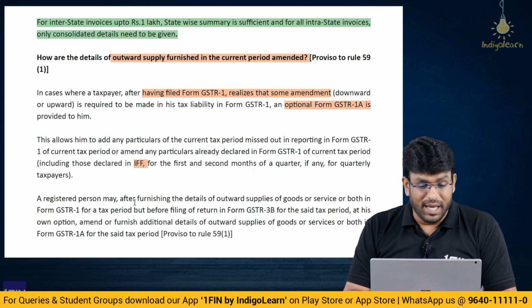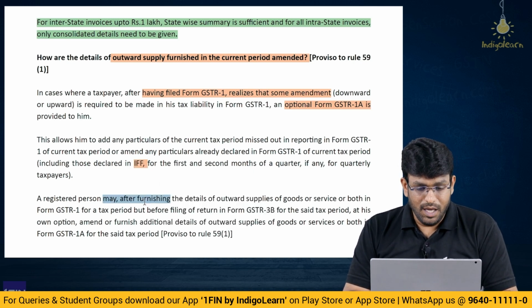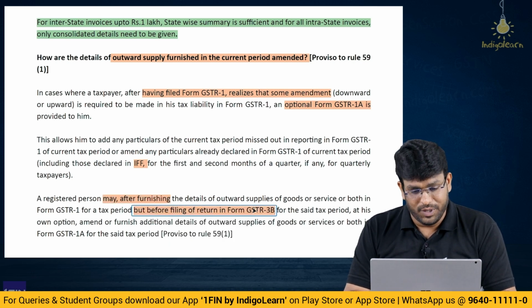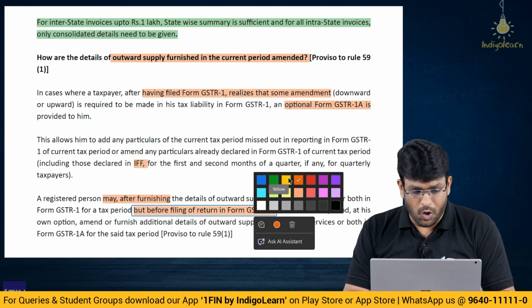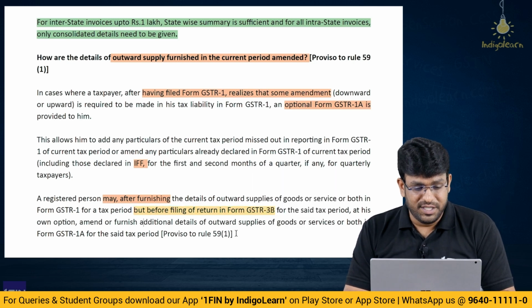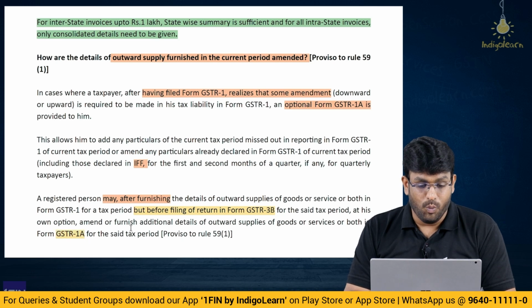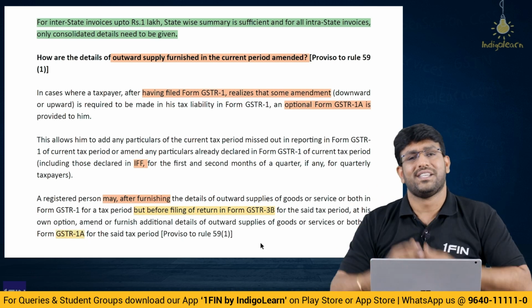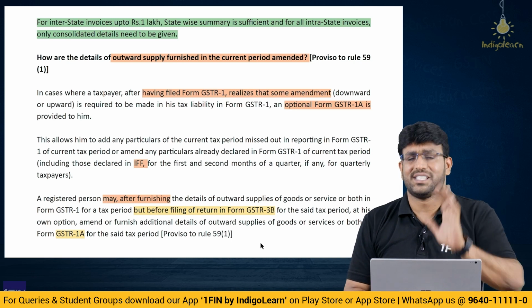So a registered person may, after furnishing GSTR 1 but before filing GSTR 3B, optionally amend or furnish details in GSTR 1A. So that's the story of GSTR 1A, my dear friends. You need not wait till next month to amend the mistake in GSTR 1. You can do that by filing GSTR 1A.